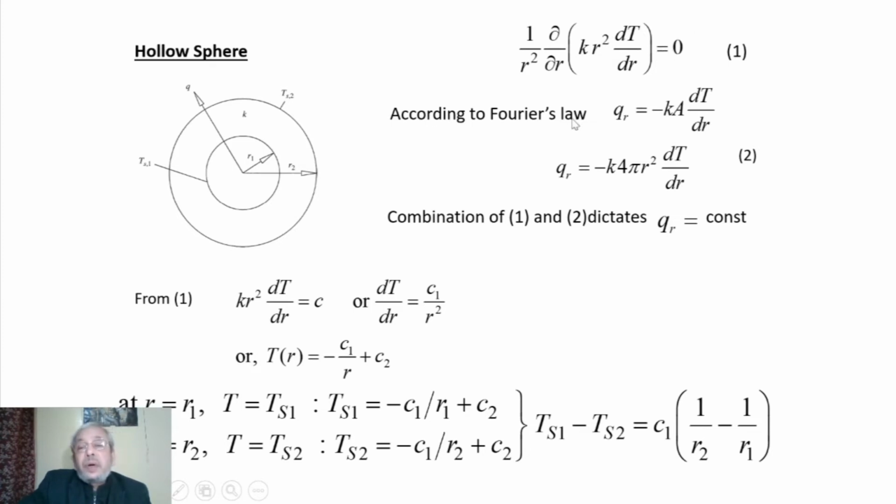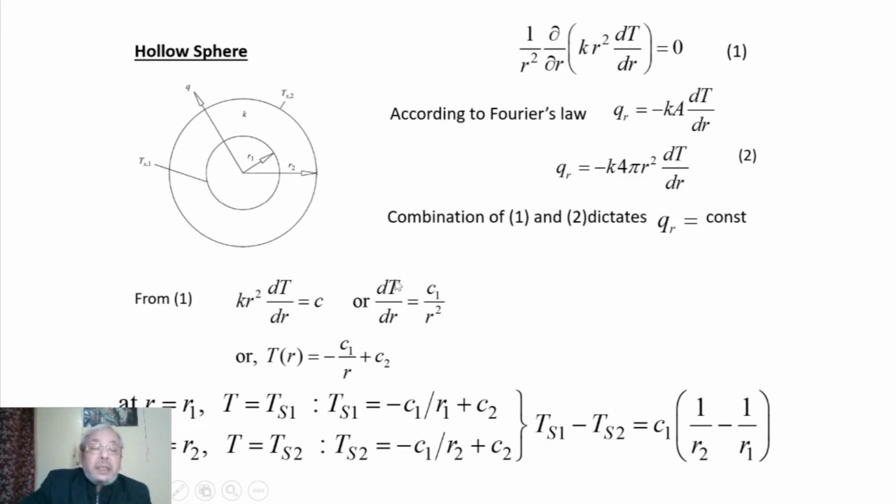And according to Fourier's law, the heat transfer rate is minus K A dT dR. That means QR equals minus K 4 pi R square, the area at any radius, into dT dR. And K R square dT dR is basically constant. So K R square dT dR into 4 pi is also constant at any radius.